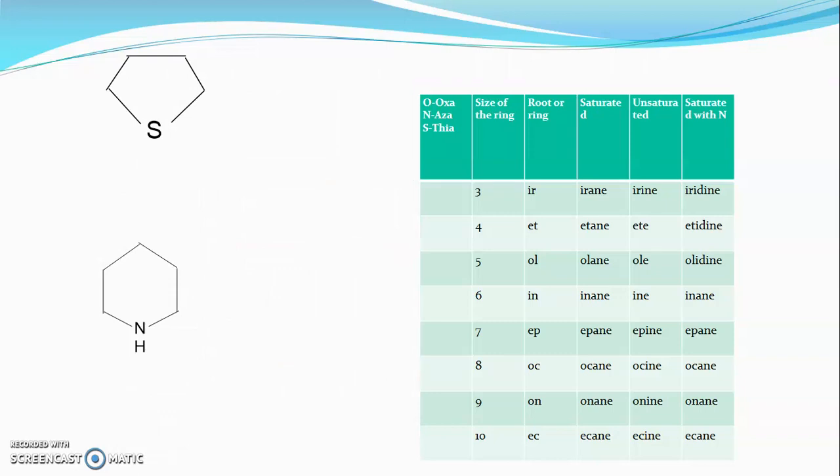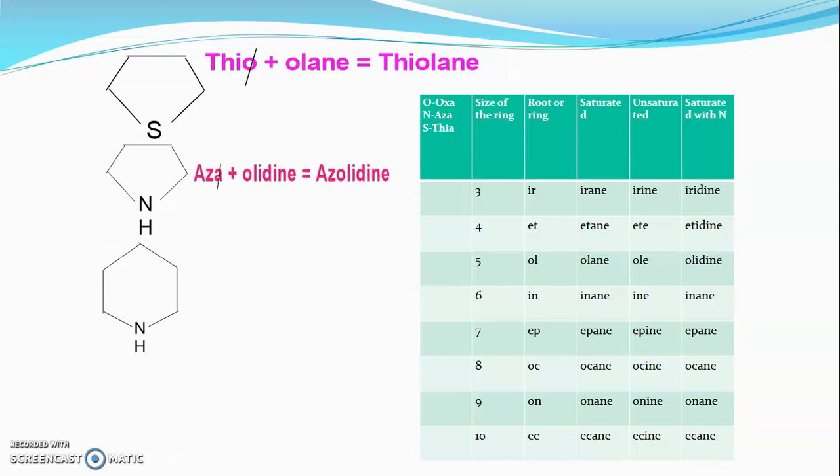Now this one is a 5-membered sulfur containing saturated ring, so it's thia, and it is thiolane. Now this one is a 5-membered nitrogen containing saturated ring, so this one is aza plus olidine, that is azolidine.